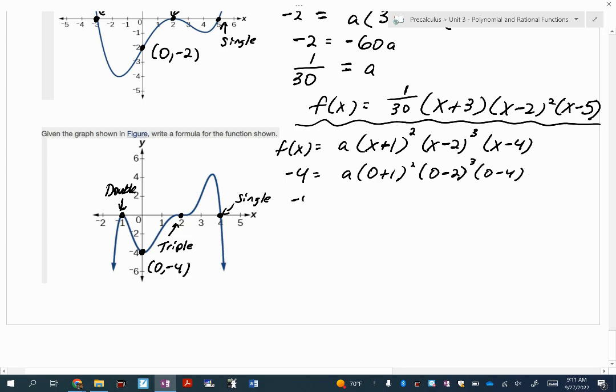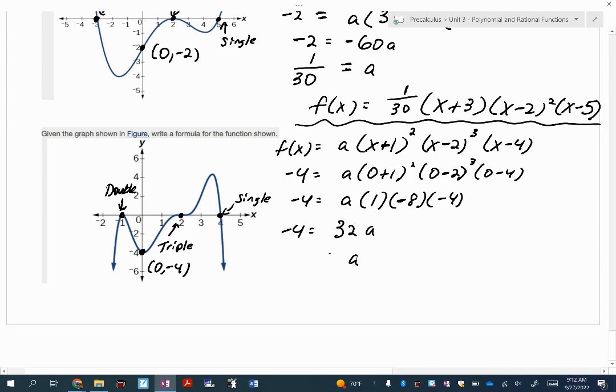All right, so now we have a times 0 plus 1 is 1, 1 squared is 1. 0 minus 2 is negative 2, negative 2 cubed is negative 8, and 0 minus 4 is negative 4. So this is going to be a times, let me put it in front, positive 32.